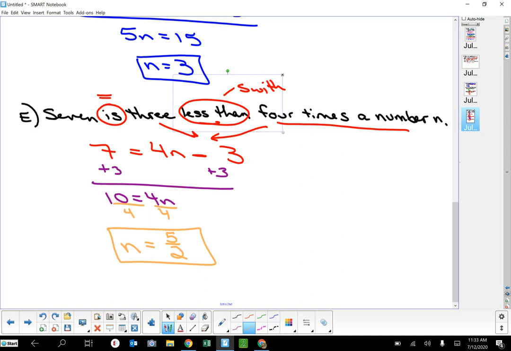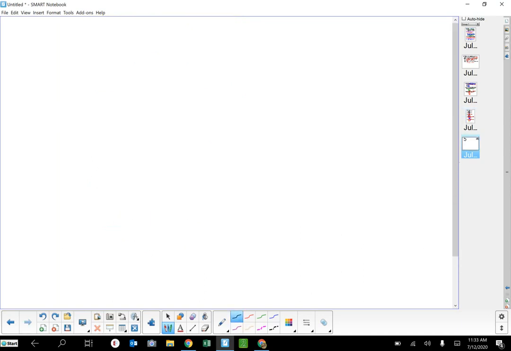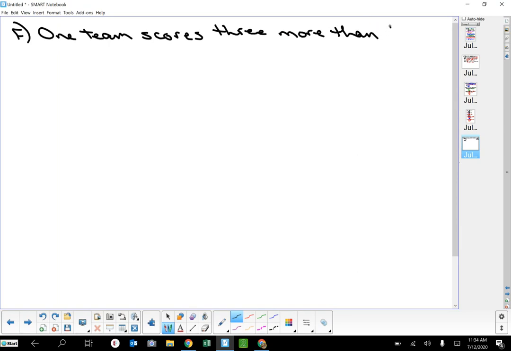Okay, now some word problems utilizing this information. This, for me, is where the challenge personally comes in. I have some issues with these. So this says one team scores 3 more than twice the number of runs as the other team.